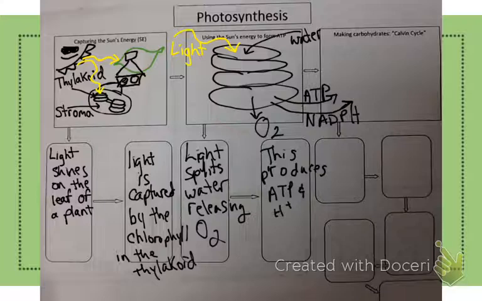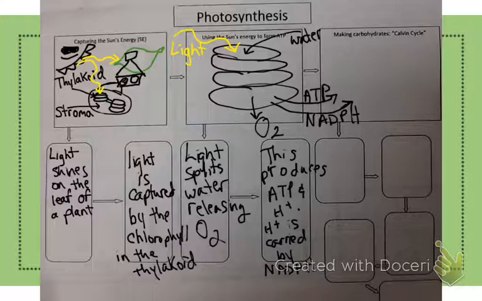And H plus is carried by NADPH. And that's going to go to the Calvin cycle. So this produces ATP and H plus. H plus is carried by NADPH.